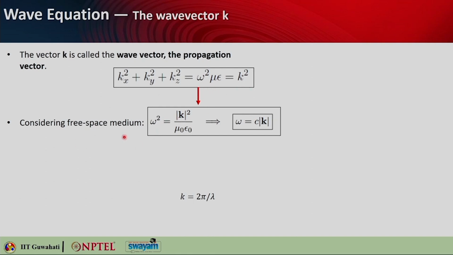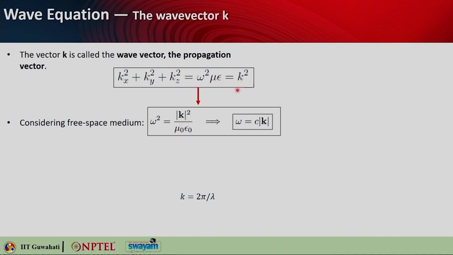If we consider free space, then mu and epsilon will be mu naught and epsilon naught, the permeability and permittivity of free space. So you can simply write that omega square is basically k square, or if you think about the amplitude only, you can take modulus of k whole square, divided by these 2 terms.